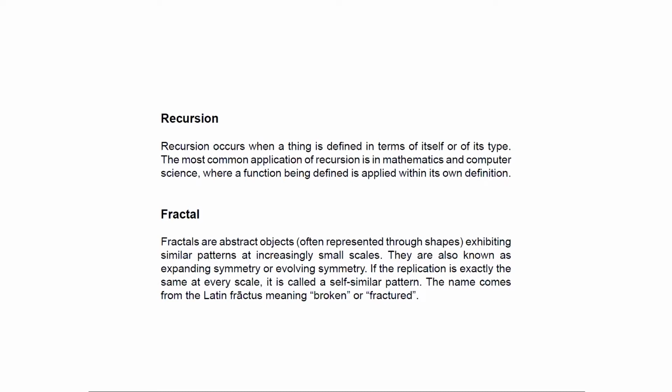If I perform a translation, I get exactly the same shape or configuration. That's translational symmetry. Fractals are an example of expanding symmetry. I can zoom into an object and it starts looking the same or similar. It's not strictly the same, but it kind of looks similar.